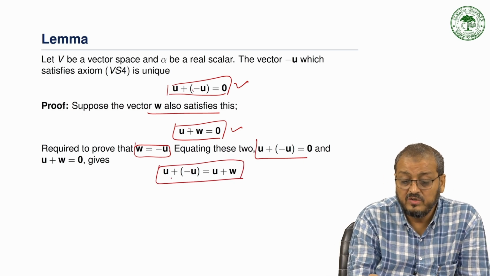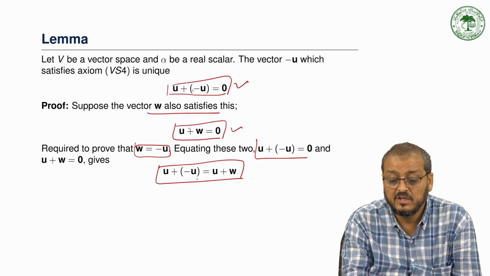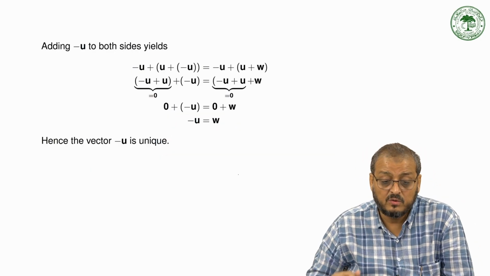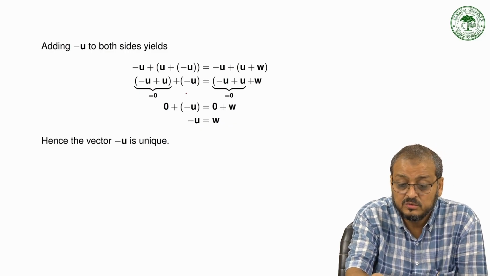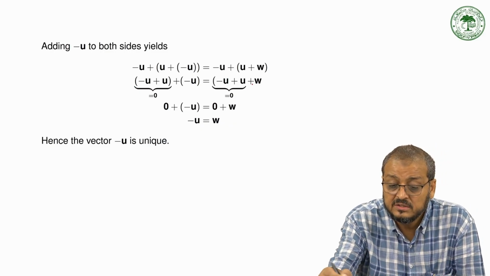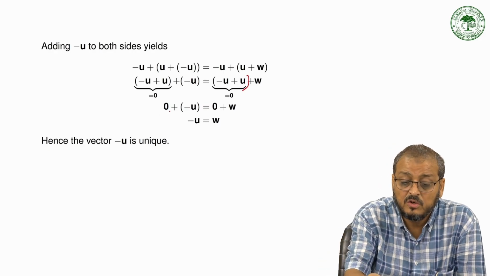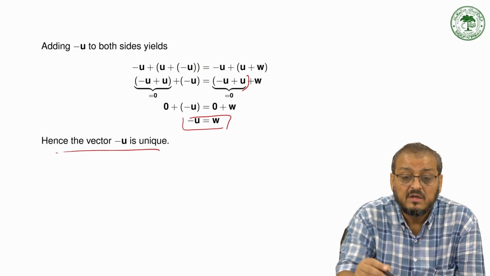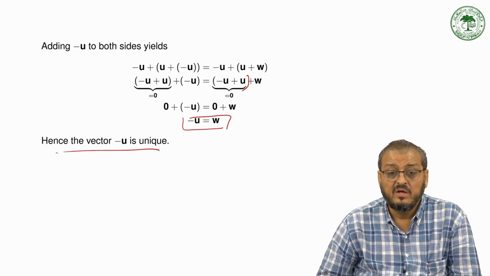Now we have U plus minus U and U plus W, and then we add minus U to both sides. So minus U plus U is 0, and this means 0 plus W is equal to minus U plus 0. So W is equal to minus U, and then minus U is a unique element in this set.